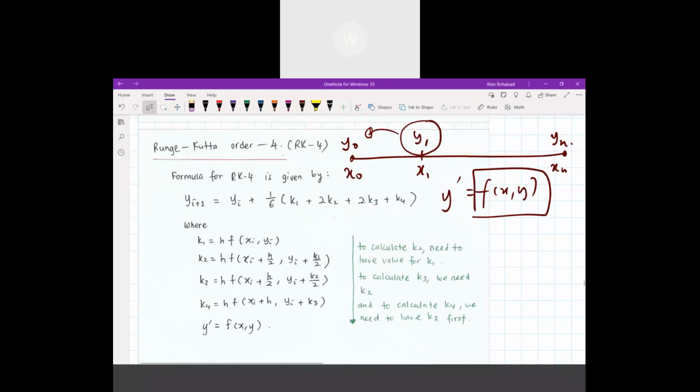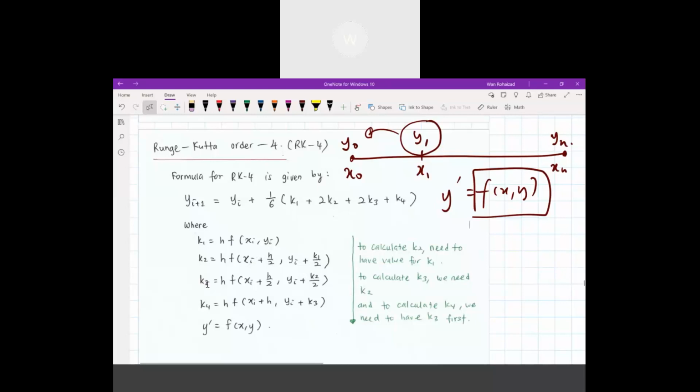So in order to calculate k2 we need to calculate k1 first, then find the values of x plus h over 2 and y plus k1 over 2 to substitute into f.